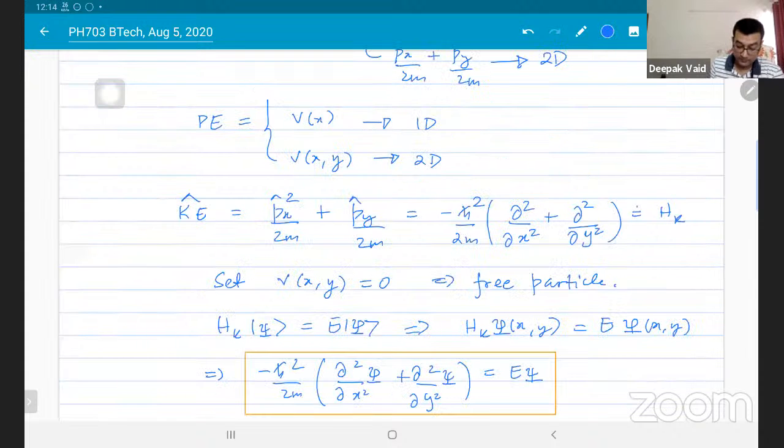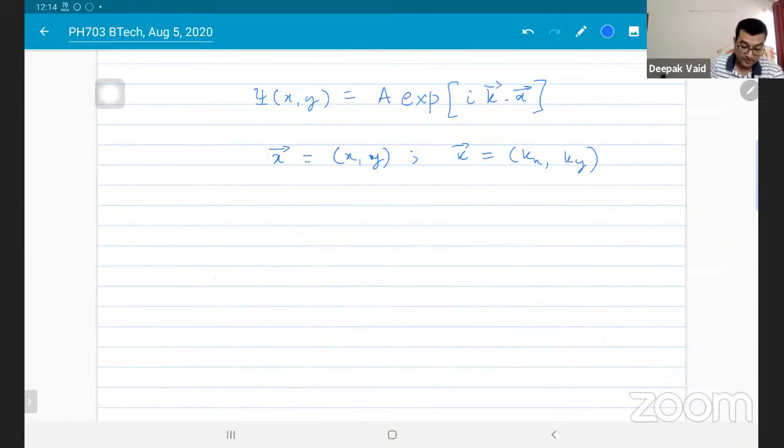And what is the relationship between k and this E? This E is the eigenvalue, right? The relationship is the same relationship that we have seen before. The momentum of the state, now the momentum becomes a vector, right?